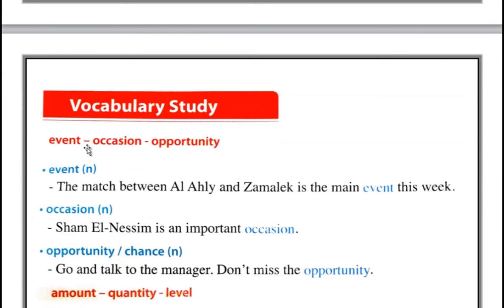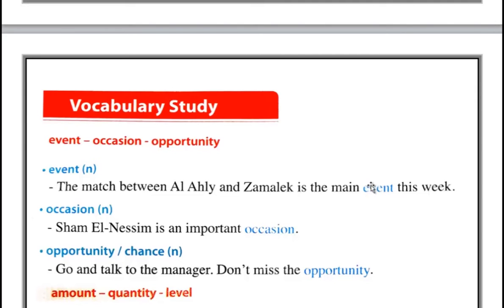Here we have three words: event, occasion, and opportunity. As for event, it is a thing that happens, especially something important. The match between Al-Ahli and Zamalek is the main event this week.